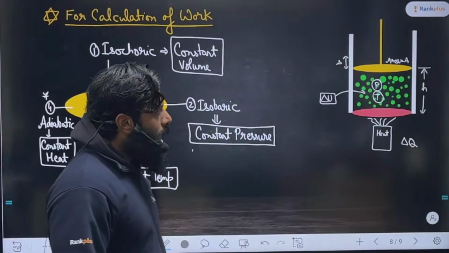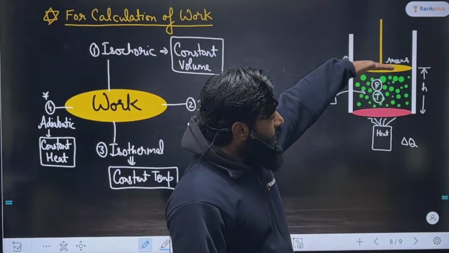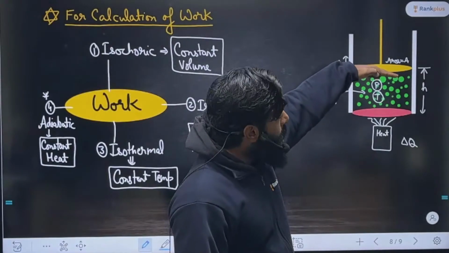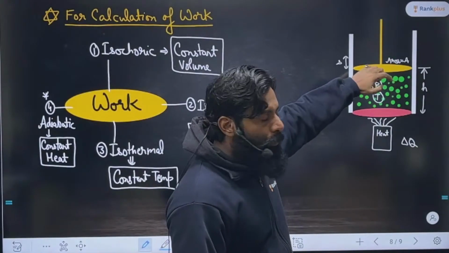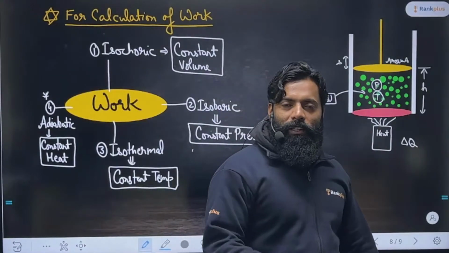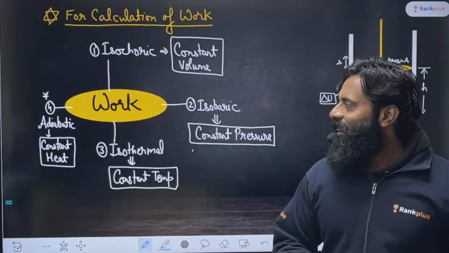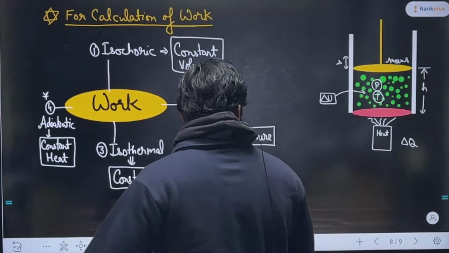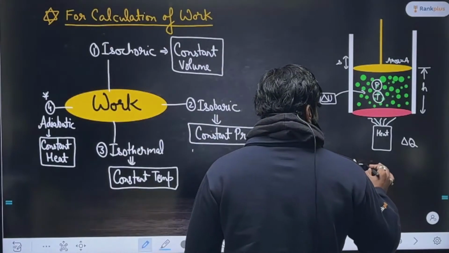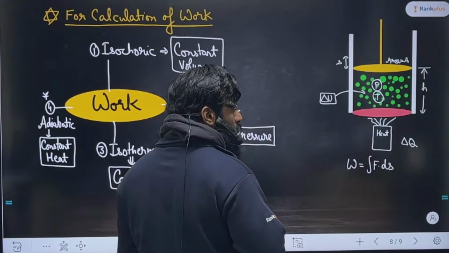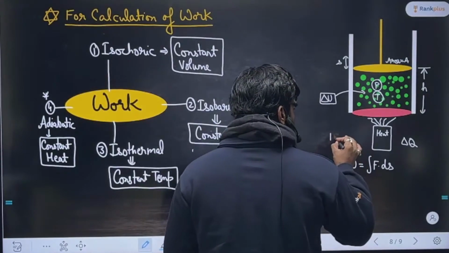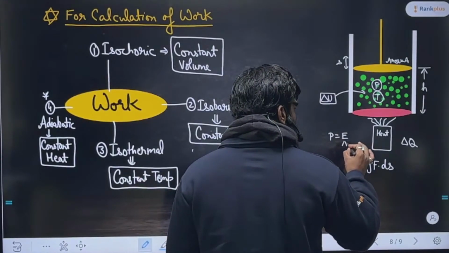And it might also happen that there is less pressure outside this system, due to which this piston can move downward, and I would say that work is done on the system, right? So now we know that work done is equal to F dot ds, and pressure equals force divided by area.